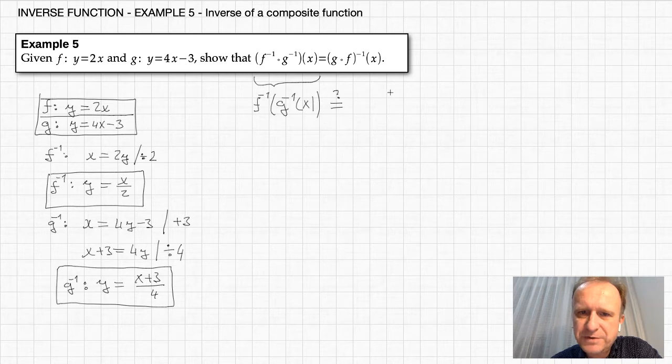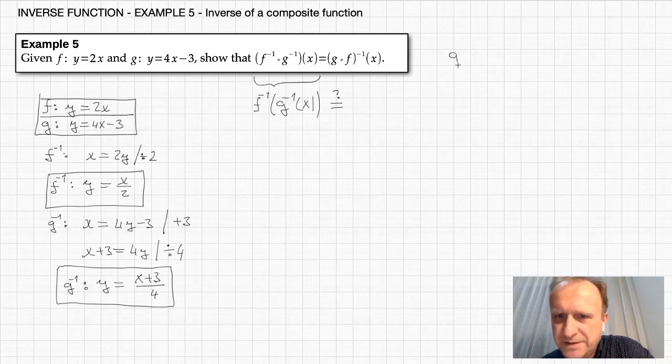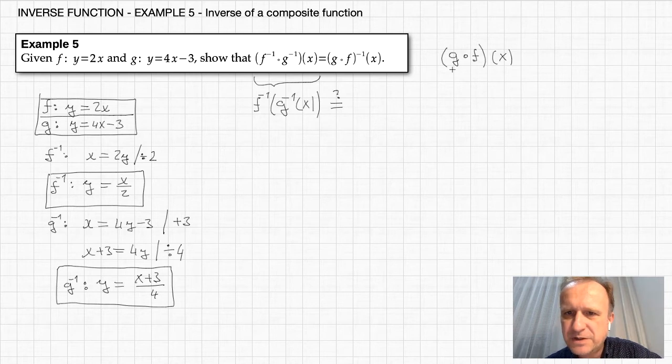Well, I will not replace it yet because I first have to find the composite function of these two functions. So let me find g combined with f. So this function is a composite function of two functions. First we take f and then g. We read it from the right. So this is actually the function g of f of x.